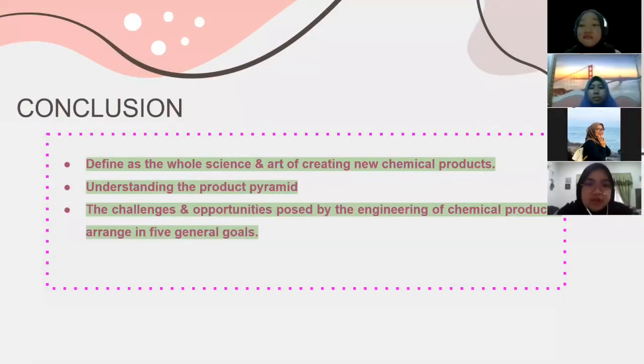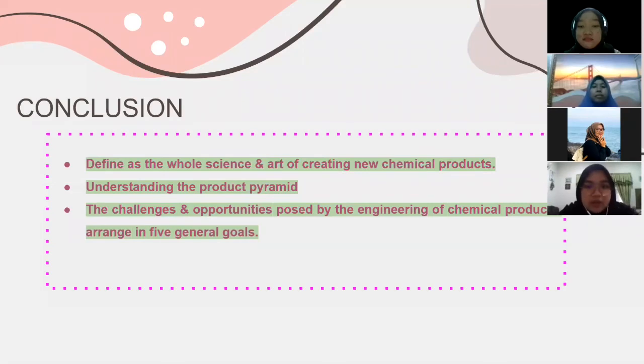Okay, so the conclusion. The engineering of chemical products is defined as the whole science and art of creating new chemical products, and it is also a much broader field, incorporating the variety of knowledge, tools, and processes that are required for and assist the core operation of the design of chemical products.